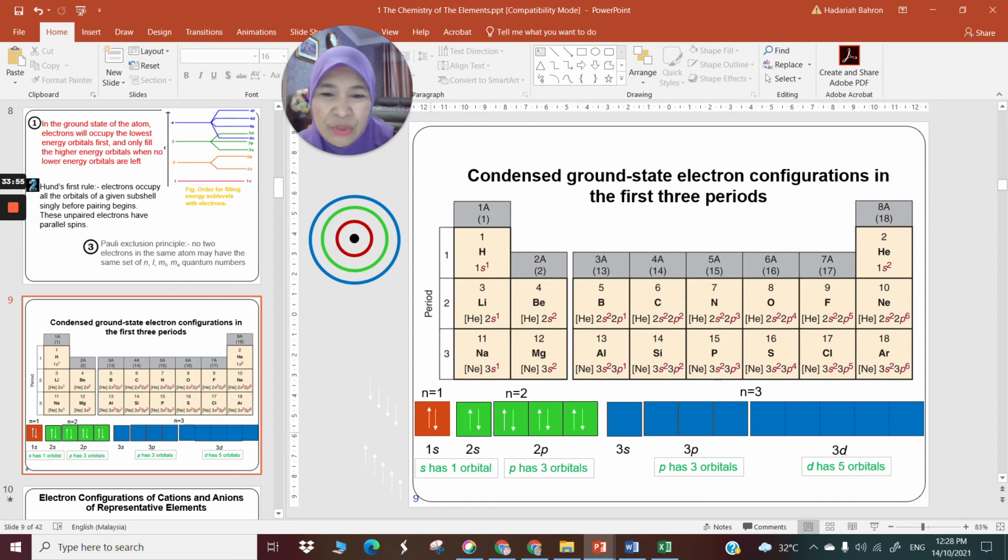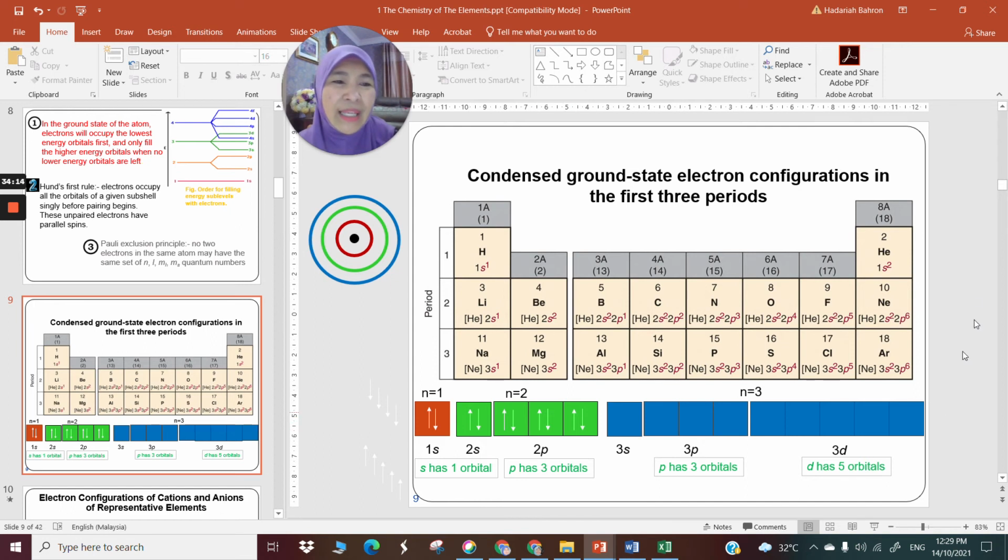So you have 2 electrons in shell number 1 and 8 electrons in shell number 2. So that is how you build up to neon, 1s2, 2s2, 2p6. Can you see? 1s2, 2s2, and 2p6.